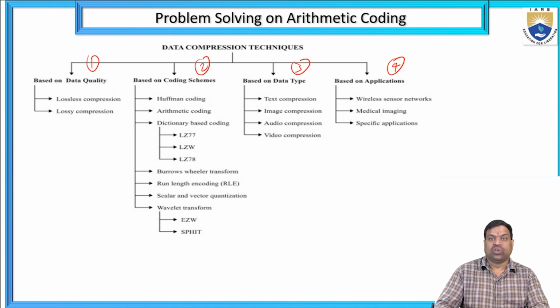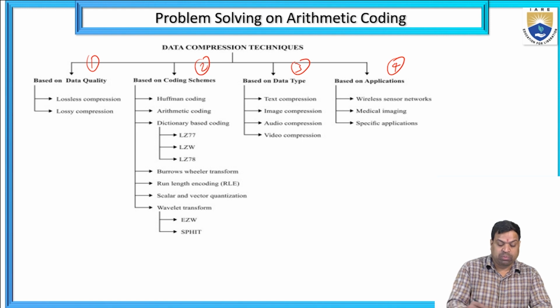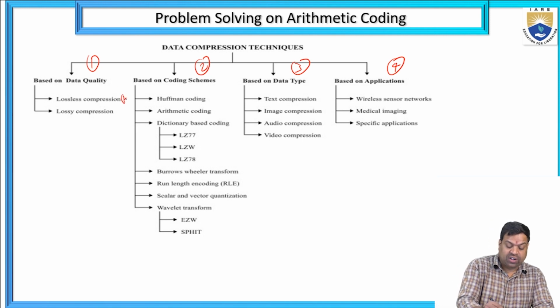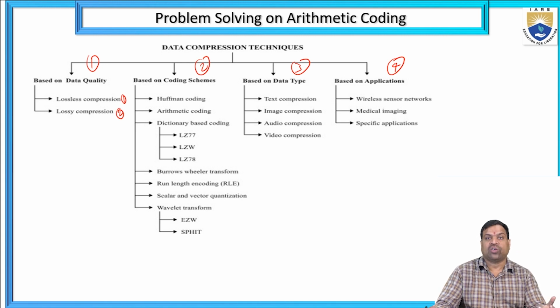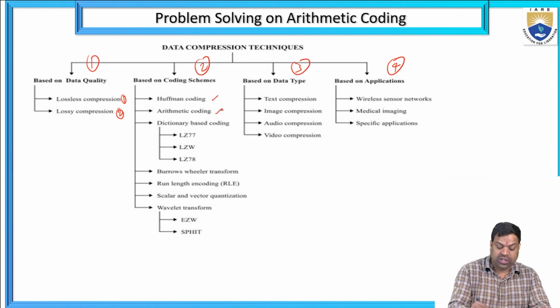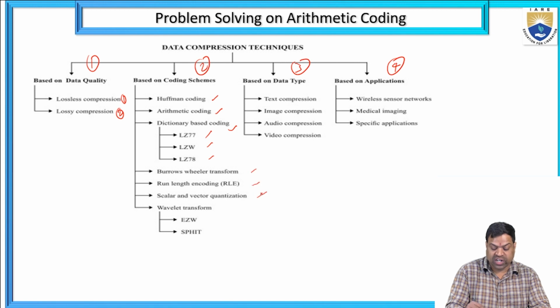So based on data quality, how many are there? Lossy and lossless. If it is lossy, the quality is less. If it is lossless, the data quality is good. Based on coding scheme: Huffman coding, arithmetic coding, and dictionary based coding like LZ, LZW, Burrows-Wheeler transform, run length coding, scalar and vector.